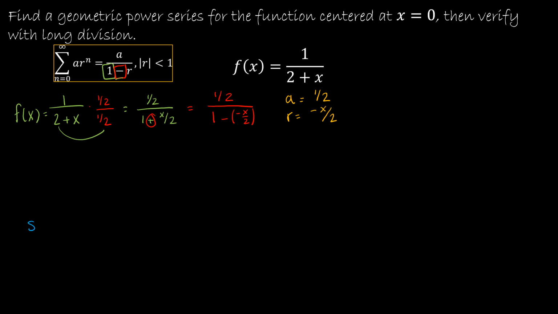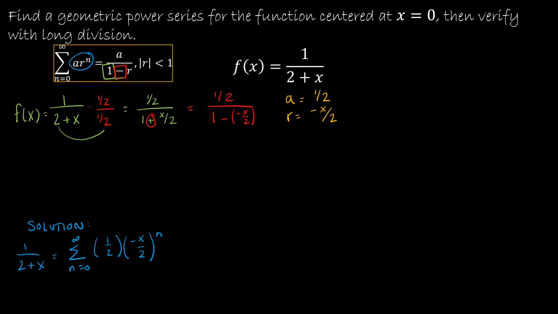So my solution is going to be that 1 over 2 plus x can be written as the summation, as n goes from 0 to infinity, of a times r to the n, or 1/2 times (negative x over 2) to the n. And it's fine to leave it just like that.